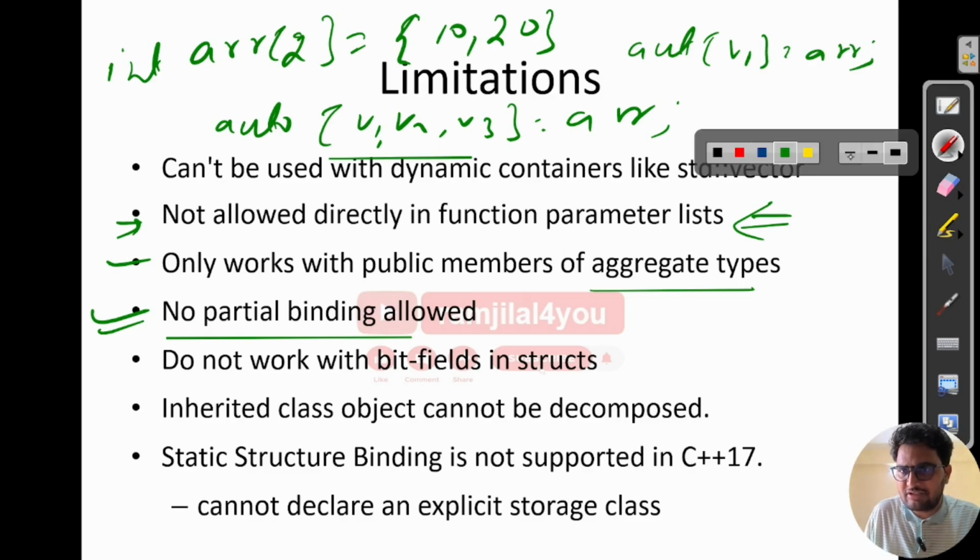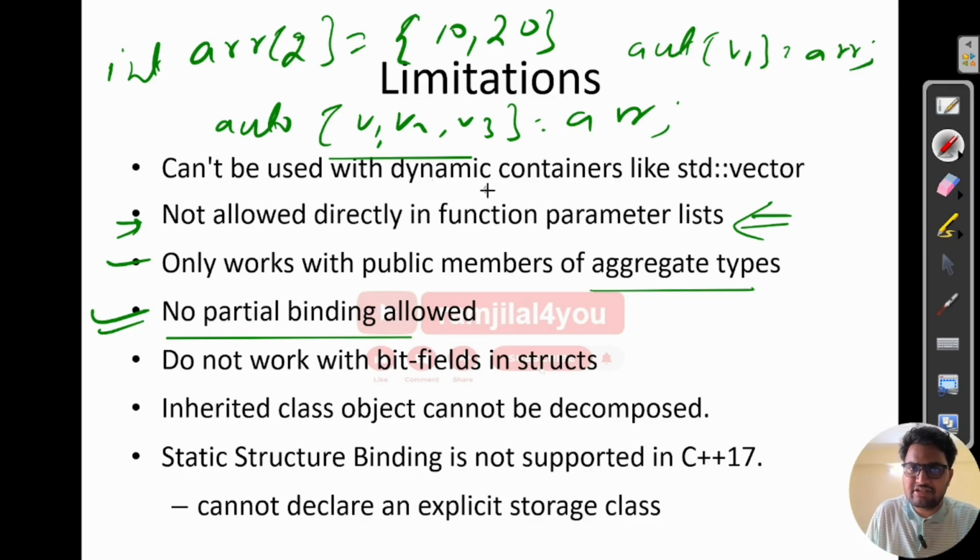So what is the issue with these two statements? arr has only 2 elements, but here we are using 3 variables, v1, v2 and v3. So this will give a compile time error, because there are only 2 elements and nothing to bind with v3.